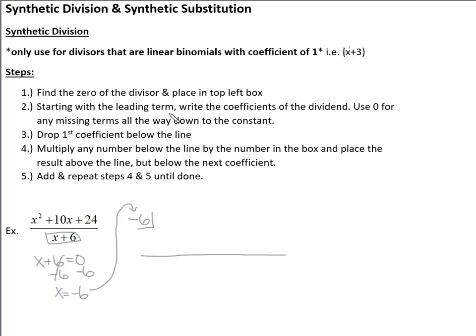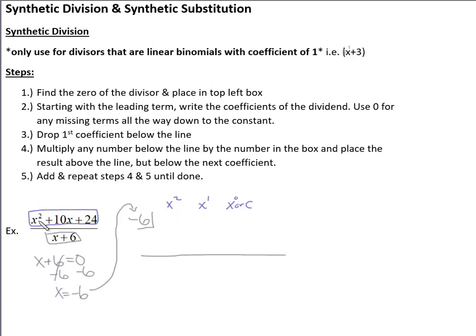Starting with the leading term, write the coefficients of the dividend. Up top is my dividend, way up here at the top. My leading term is x squared, and at least for a while when I first start these, I like to write some labels above it: x to the second, x to the first, and then x to the 0, or our constant, whatever way you want to describe that last one.